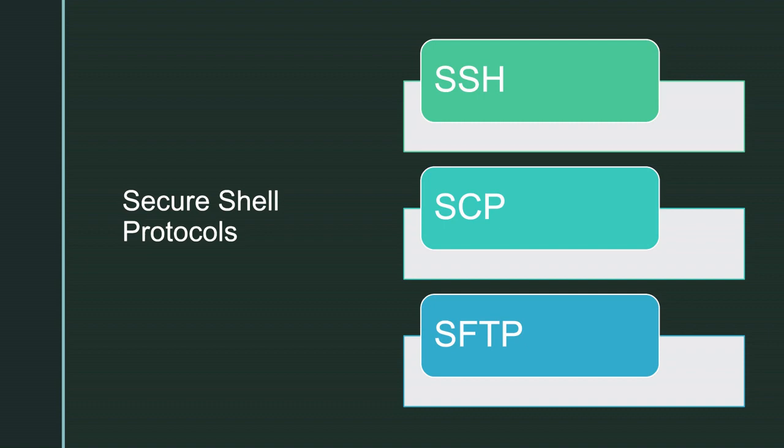This protocol is basically used to get remote access to the server and manage it remotely from a remote client. The second one is the SCP tool. SCP is basically a secure copy utility that is used for securely copying files from the client machine to the server machine. It happens on the secure channel.